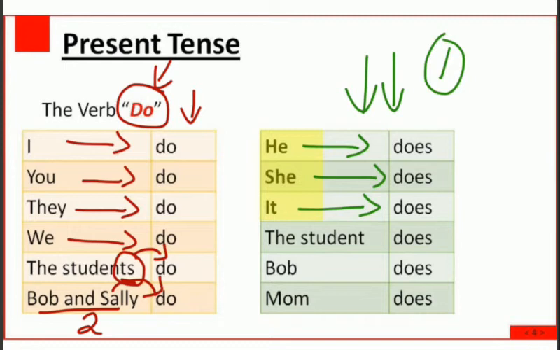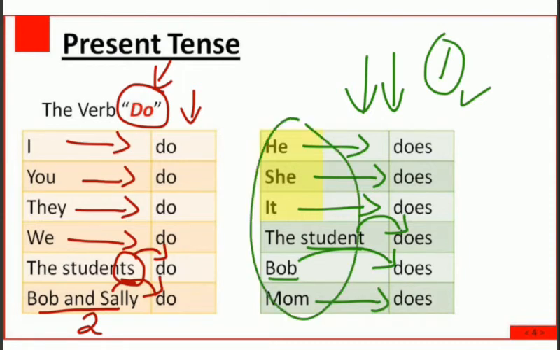So when I have the student, then I would need to say the student does, because it's only one. Bob, there it is again. It's only one. Bob does. Mom does. So if we have one person, we're going to be using does.